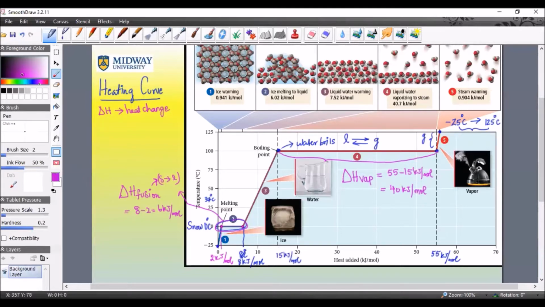As ice begins to melt, you see that some molecules are intact. This is what I call the slurry, which is right around here. You see, it's 6 kilojoules per mole, right? And I arbitrarily matched it, it's 6, right? So reading a graph is such an important aspect of being in a science classroom.